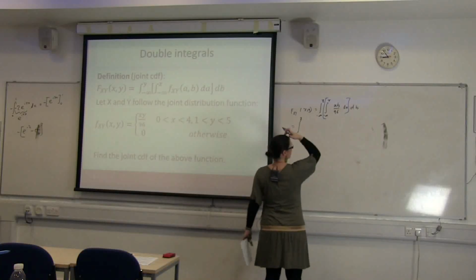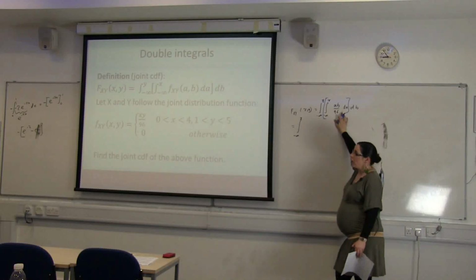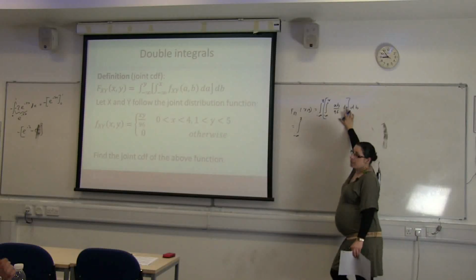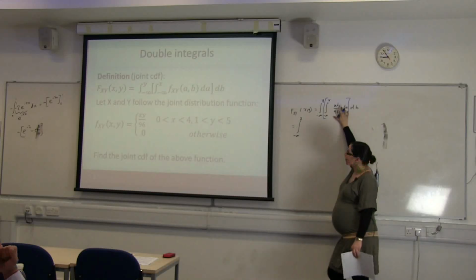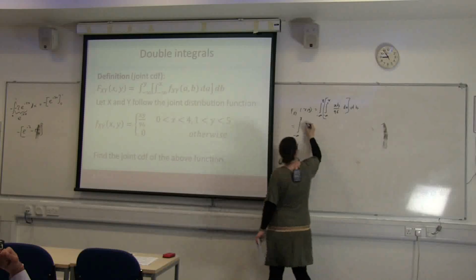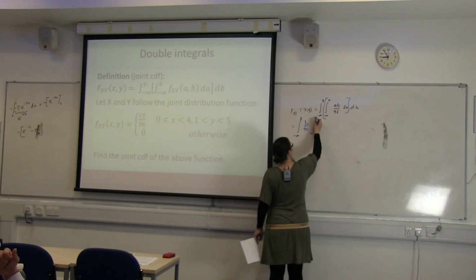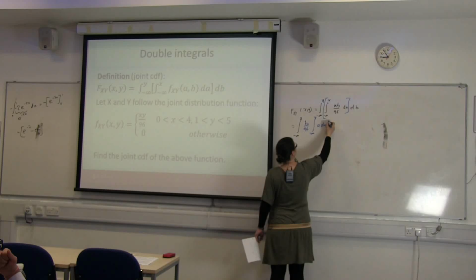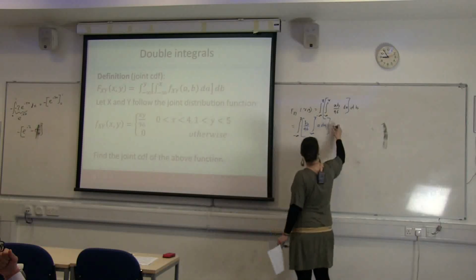As far as I'm concerned, my variable is a. So I can treat b as a constant. So I can bring out b over 96 and integral minus infinity to x of a dA. And then I have the integral to dB.